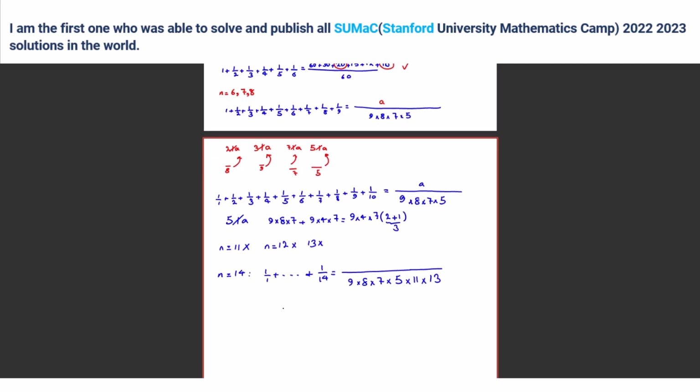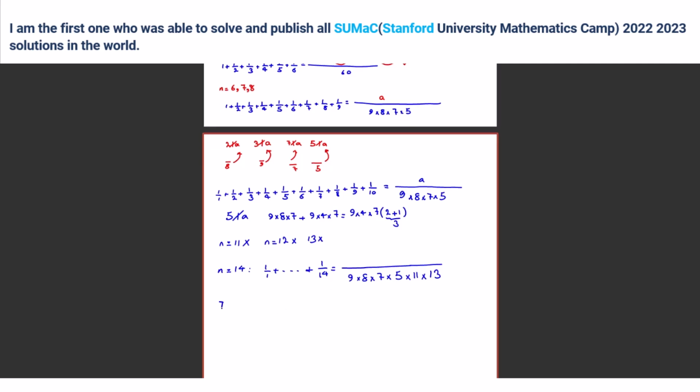Okay, so we should check whether it is a multiple of 7 or not. How can we check? So for 7, you'd multiply by 9 times 8 times 5 times 11 times 13. And for 14, it'd be 9 times 4 times 5 times 11 times 13.